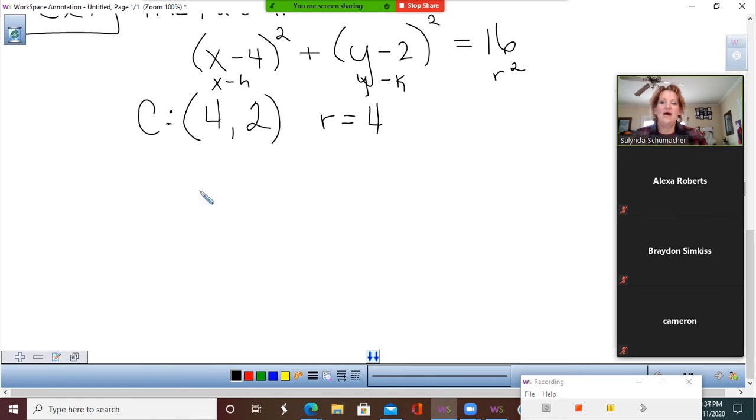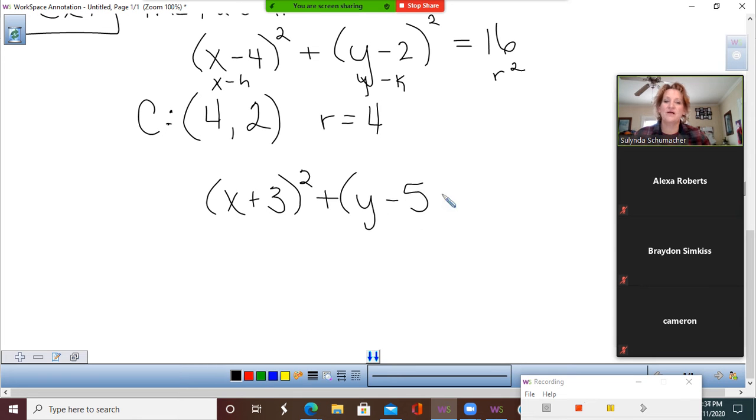Let's say we have an equation, (x plus 3) squared plus (y minus 5) squared equals 25. Our center, again, this is x minus h. So if that's plus 3, it's got to be the opposite. So our center is going to be at negative 3, right? If I were to put that back in for h, I get x plus 3.